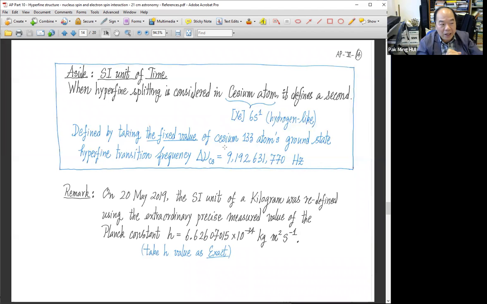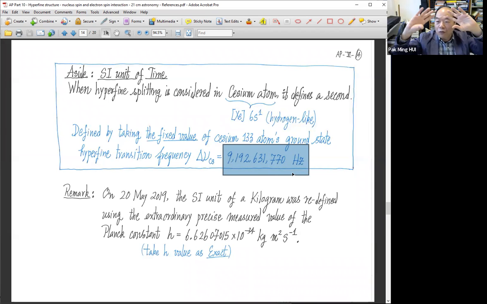That frequency is taken to be exactly, there's no plus minus, no error in the definition, okay? It is taken exactly to be this many times per second, that's hertz, right? You flip it, that will give you the definition of what 1 second is. That is the current definition of 1 second.